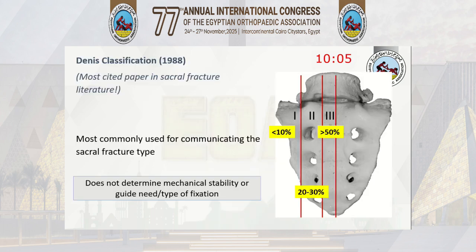The Denis classification for sacrum, it's one of the most cited papers, just gives us anatomical variations of where exactly the fracture is: lateral to the foramina, through the foramina, or medial to it. But it doesn't tell us anything regarding displacement, stability, or when to fix them.